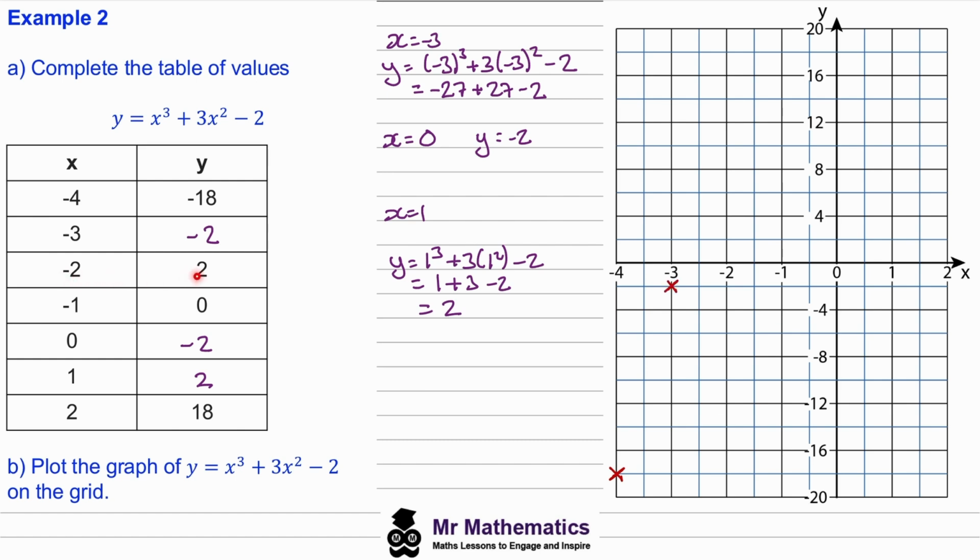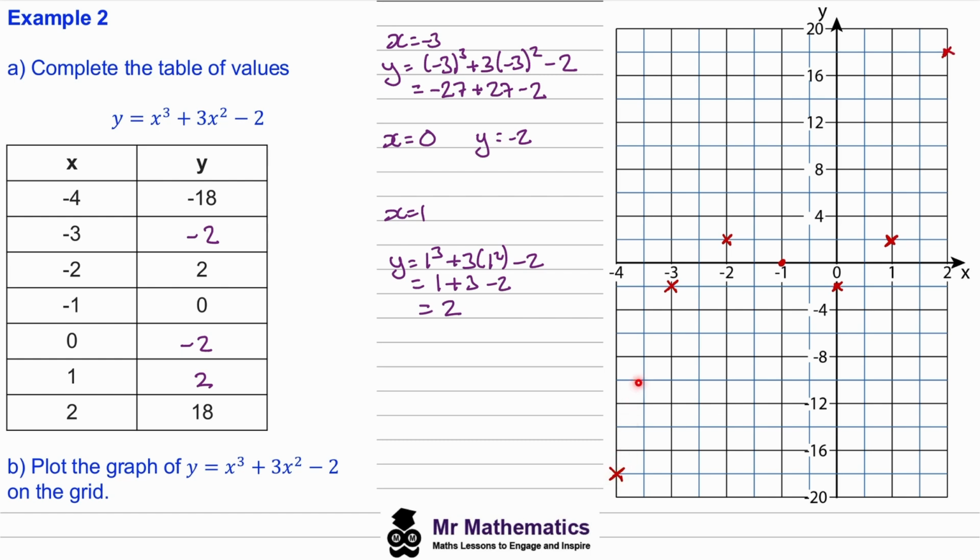When x is -2, y is +2. x is -1, y is 0. When x is 0, y is -2. So this is our intercept. When x is 1, y is +2. And when x is 2, y equals 18.